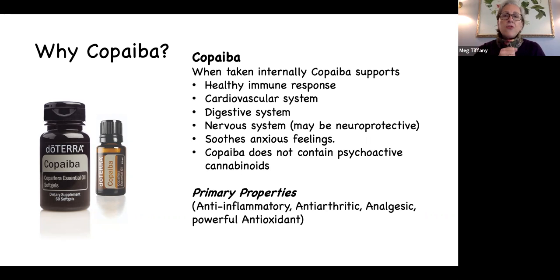Well, we know when we're injured, we can get inflammation immediately. We want that swelling because it helps in the healing process. But what we don't want is chronic inflammation, where something swells up and stays swollen and you have this constant inflammation in the body. We don't want that. So Copaiba can really help with managing a healthy immune response throughout the body.